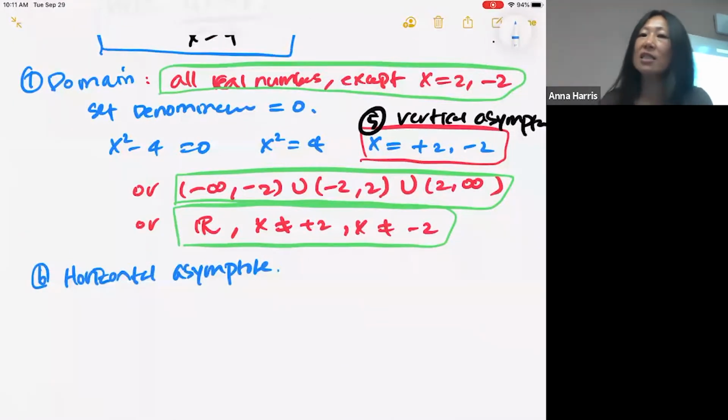So for the horizontal asymptote, I need to give you a short lesson. You may have forgotten because we also cover this in college algebra class, but don't worry about it. I'm gonna just review shortly. It's not that hard to do.